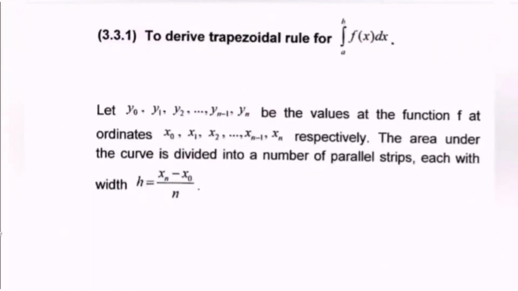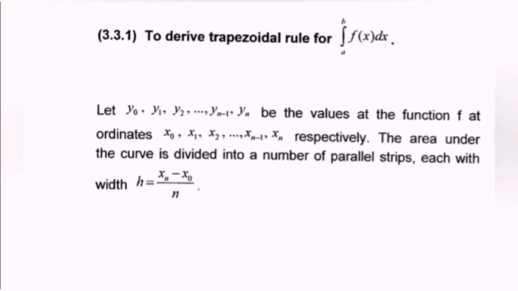Next part, to derive the formula for trapezoidal rule for the situation, integrate the function f(x) with respect to x for the limits a to b. So let y0 mean the value for y, y1, y2, and etc. to be the value of the function f at the ordinate x0 means the value of x, x1, x2, and so on, respectively.